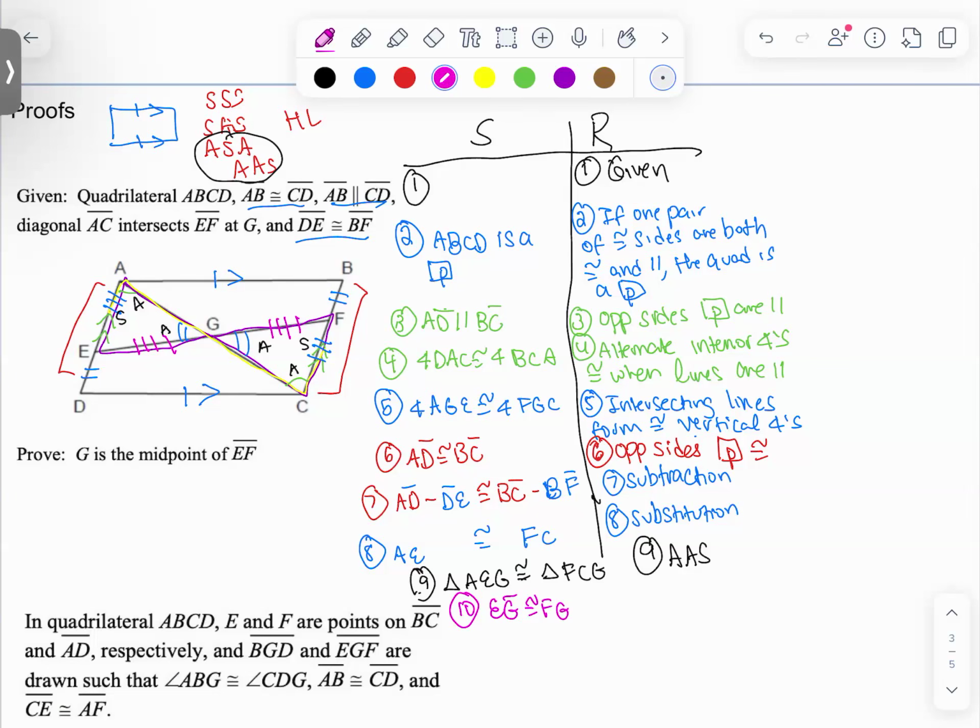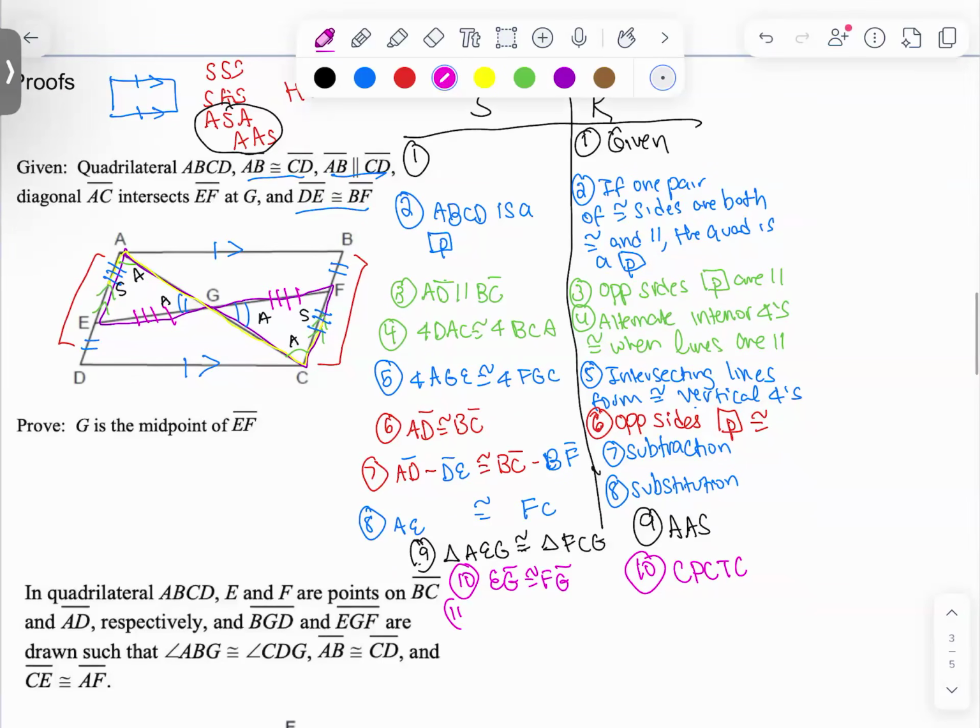Because once the triangles are congruent, all the other stuff about them, all the corresponding sides, all the corresponding angles are automatically congruent. And that's CPCTC. And from here, we have everything we need to say that G is the midpoint of EF because a midpoint splits a line segment in 2 congruent parts.